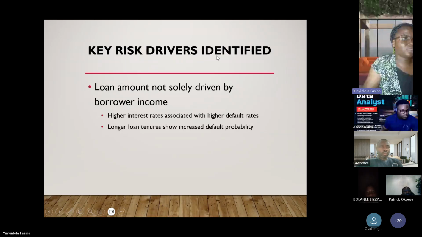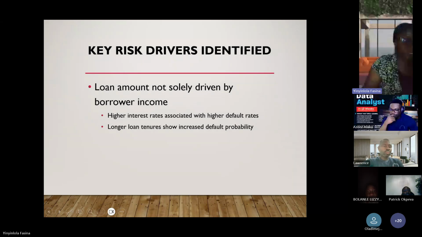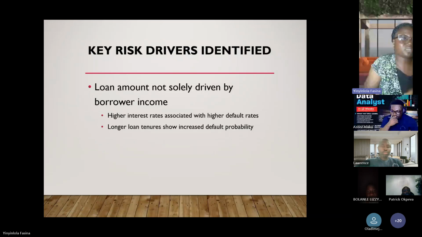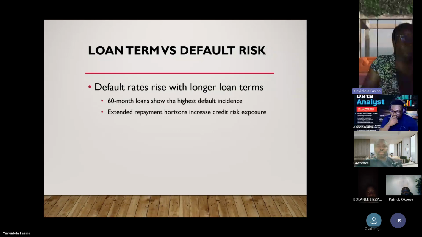The key risk drivers identified: loan amounts are not solely driven by borrower income, and higher interest rates are associated with higher default rates. Longer loan tenures also showed increased default probability.